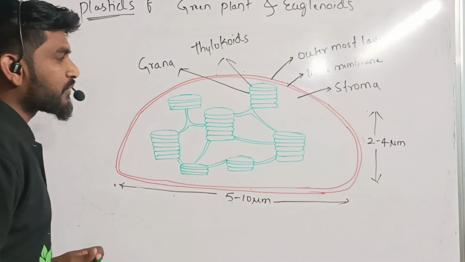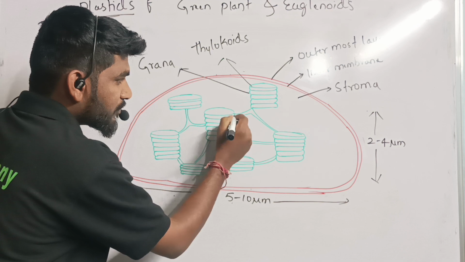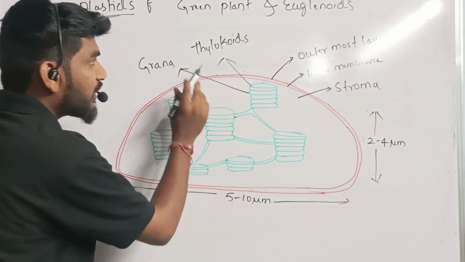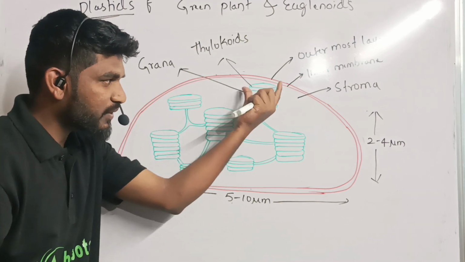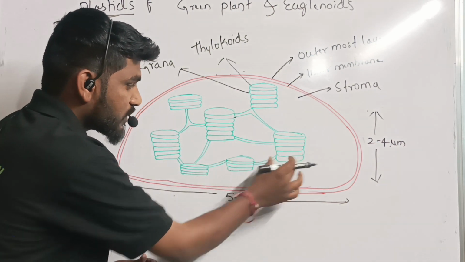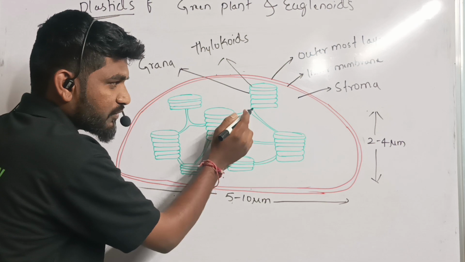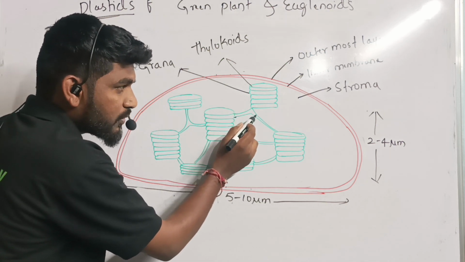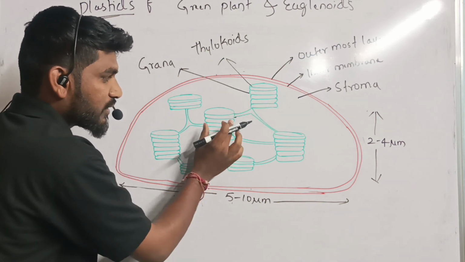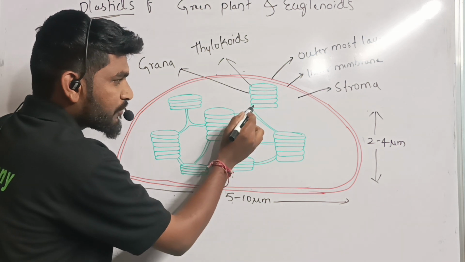Grana बोलेंगे. Membranous flattened tubes which connect the thylakoids of different grana. यहाँ पर एक कंप्लीट स्ट्रक्चर को हम थाइलो ग्राना बोल रहे हैं. यहाँ पर एक ग्राना है, बहुत सारे ग्राना देखने को मिलेंगे. ग्राना के अंदर एक थाइलाकॉइड देखने को मिल रहा है.